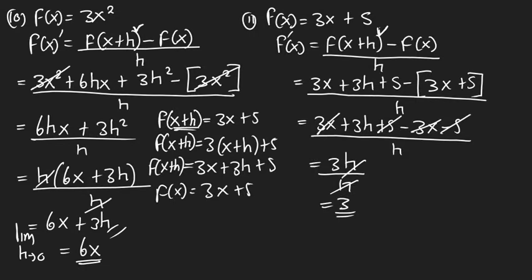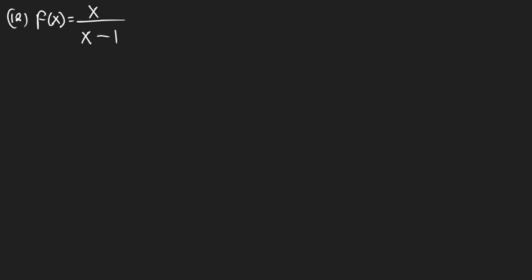Okay, let's try to go extra. So that was question 11. Let's now try to do question 12. How about if you have been given f of x is equal to x over x minus 1? Okay, how do you go about solving such a question?